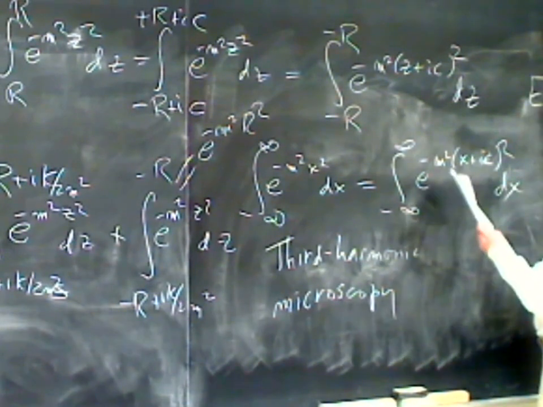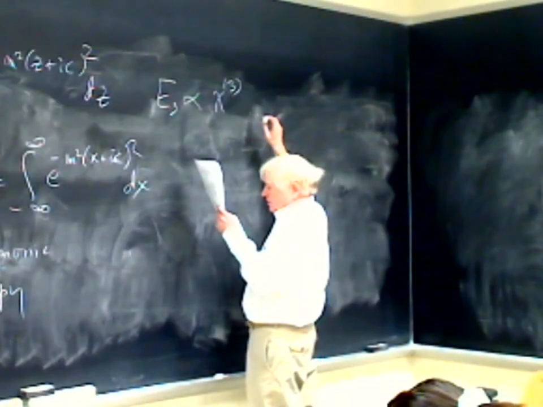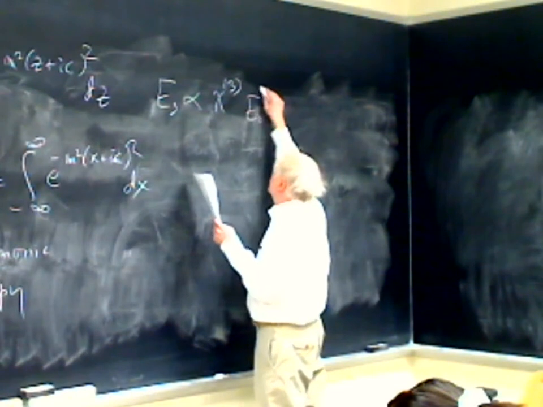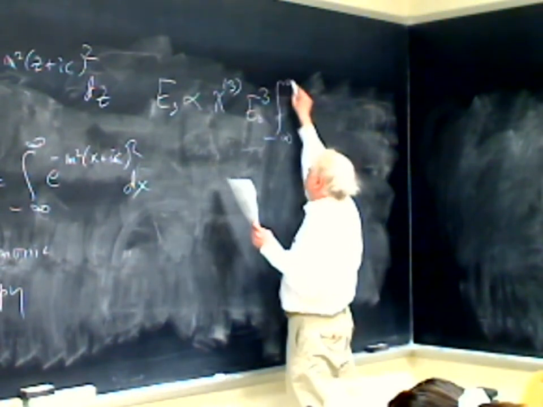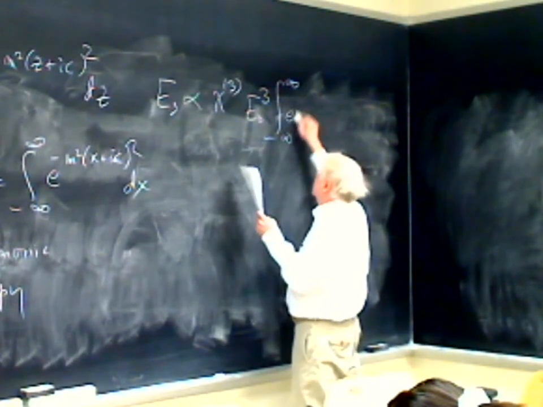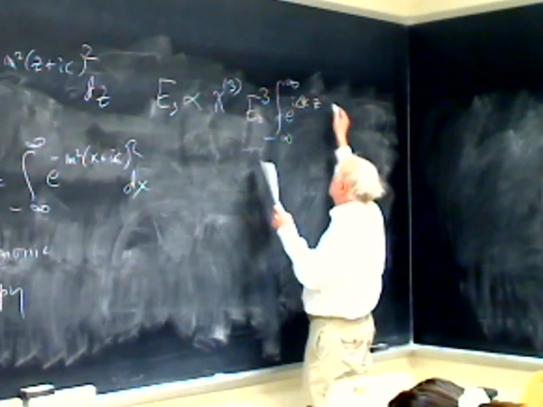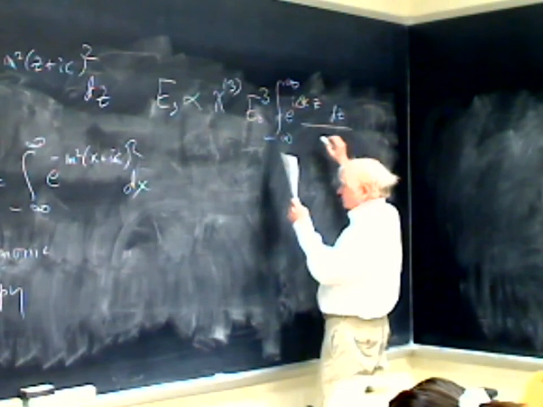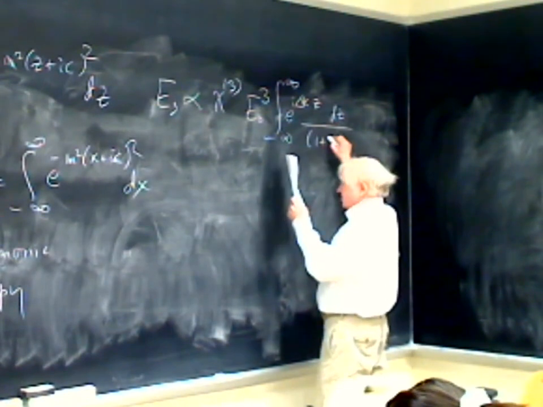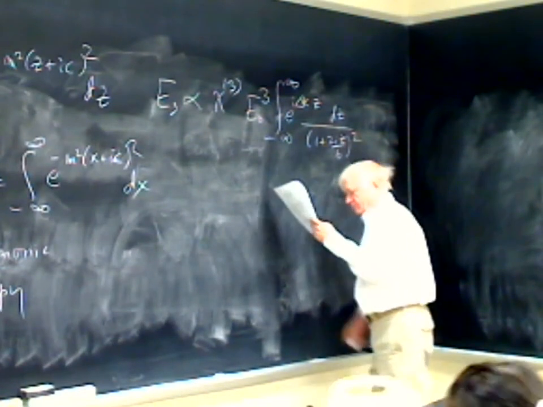The integral is called T3 and is proportional to chi3, which is a number, the cube of the electric field, an integral from minus infinity to plus infinity of e to the i delta k times z, dz over 1 plus 2iz over b squared.